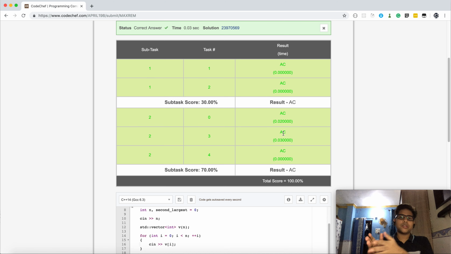The only problem with this question was finding that second largest number, because we may miss that case and directly write that v of n minus 1 is the largest number and v of n minus 2 is the second largest number. But that is not true if all the numbers are the same. So that is the reason that corner case had to be handled, and for some people who were not able to see this, this was the case where it was failing for you.